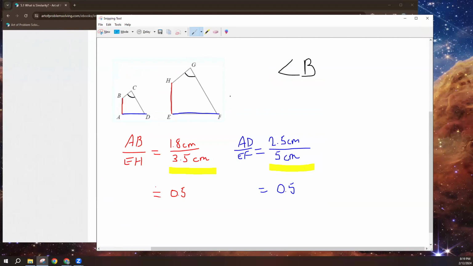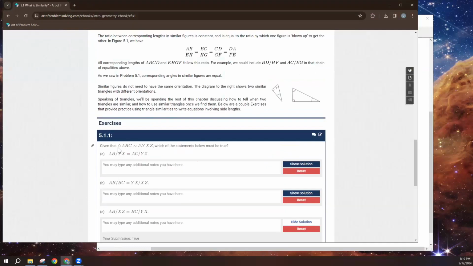If we're describing the triangle, then we draw this little triangle in front of it. So in this case, where it says given that triangle ABC, this little tilde line is what we use to say that something is similar.